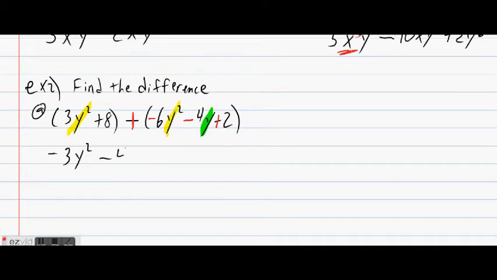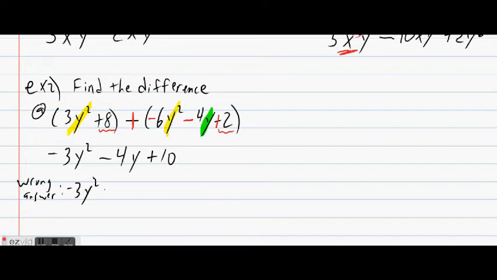So minus 4y, and now my constant: 8 plus 2, plus 10.